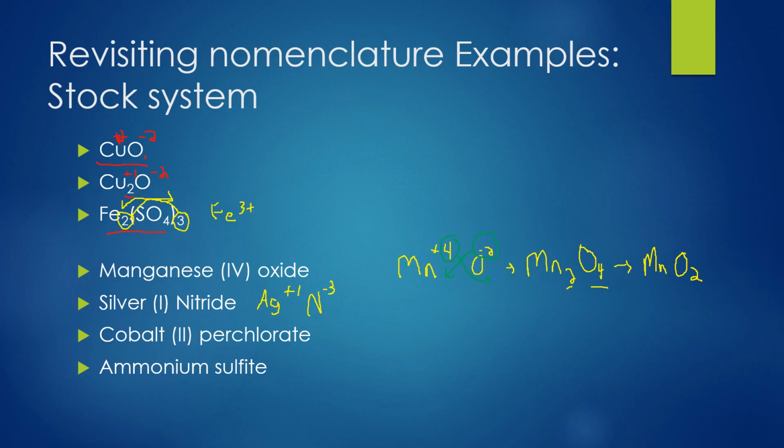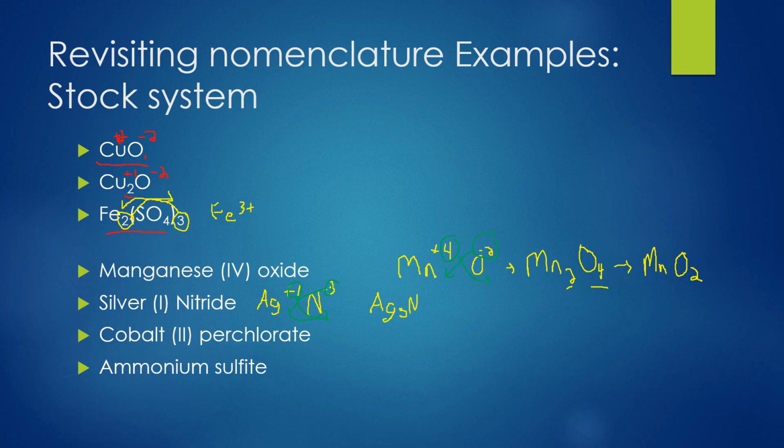All right, so doing the crisscross method on this one, it would tell us that we need 1 nitrogen and that we need 3 silvers. So the formula would then be Ag3N. That's a 3. All right.